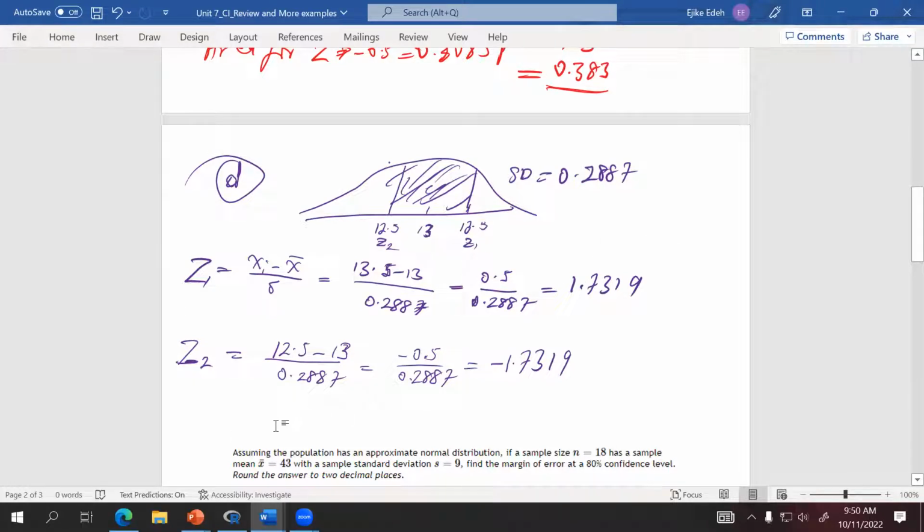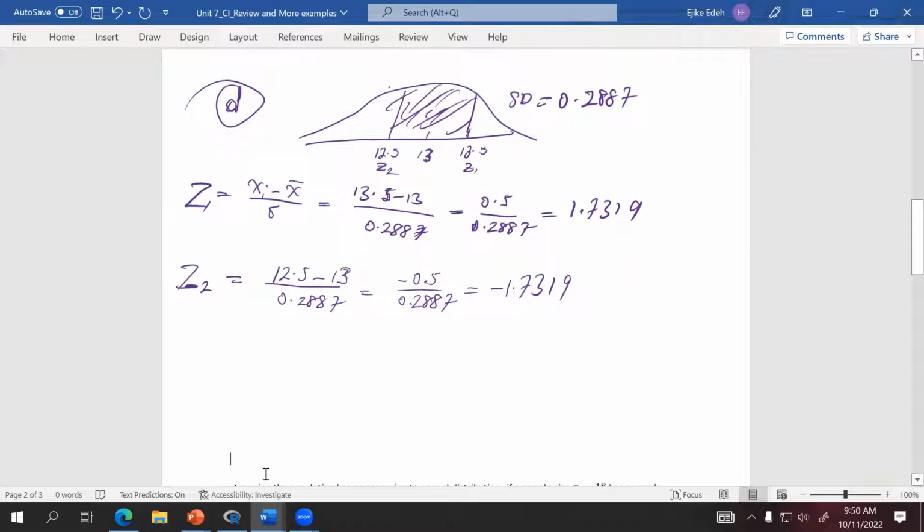So we are going to go to the table to find these 2 values. Recognize that these Z values are equivalent to the Z1 position and Z2 position, so when you find them on the table, they will be the bound for this area, just as we showed before.